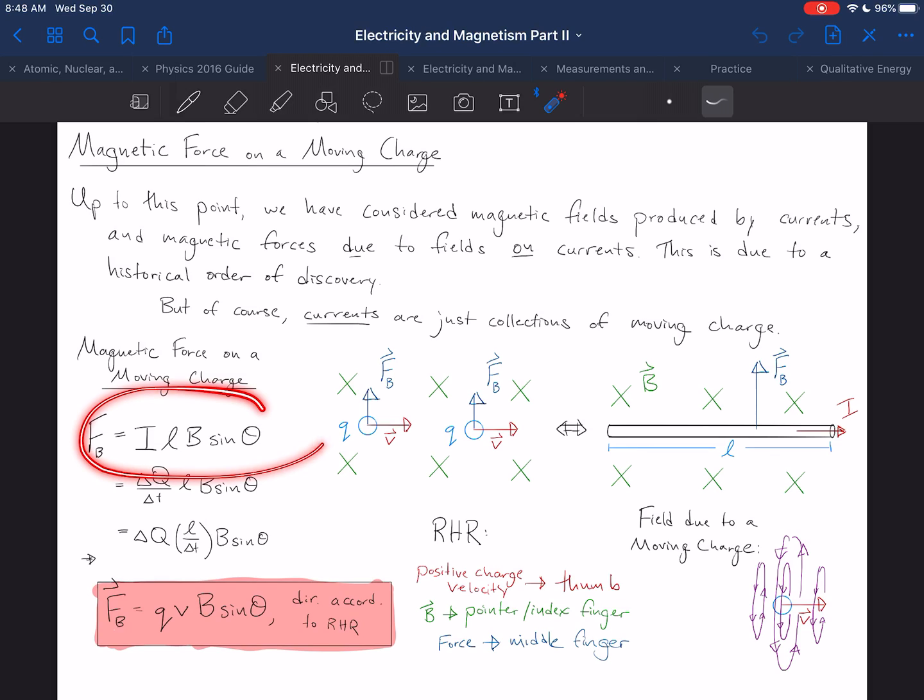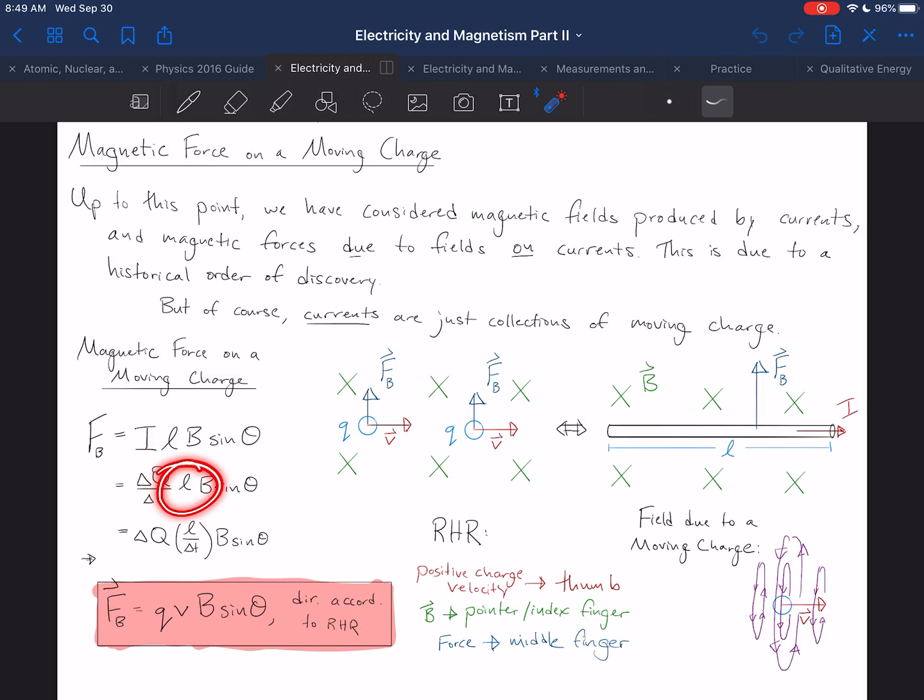So consider our force law, where F_B is equal to ILB sine theta, and consider that I is simply the current, and therefore equal to delta Q over delta T. What we're doing here is relating the current through a length L to a single charge moving over that particular length L. Given that, you can reinterpret this, and if you slide this delta T algebraically over here, you can interpret L over delta T as how fast a certain amount of charge gets from one end of the L to the other.